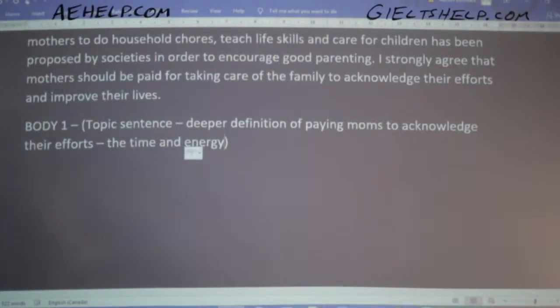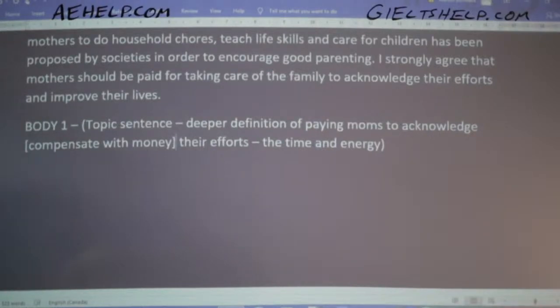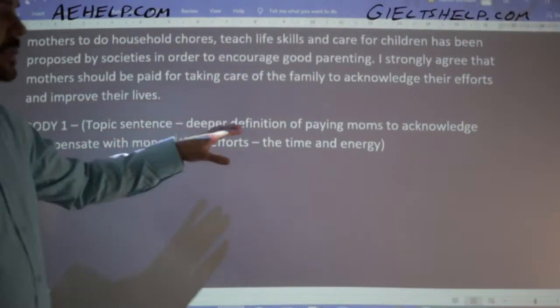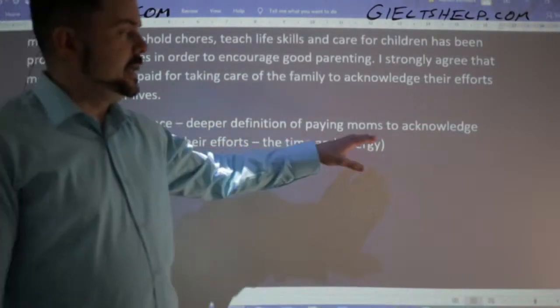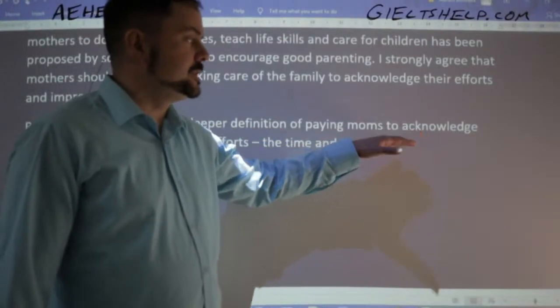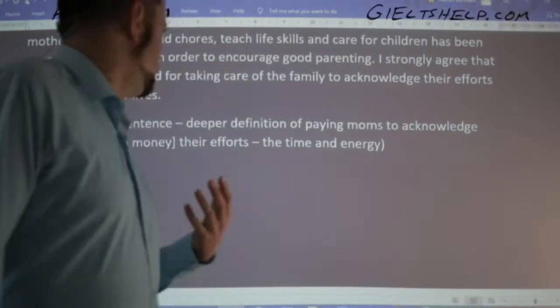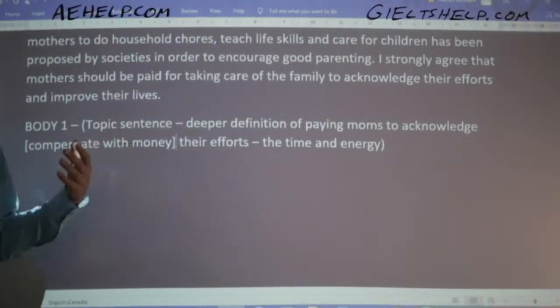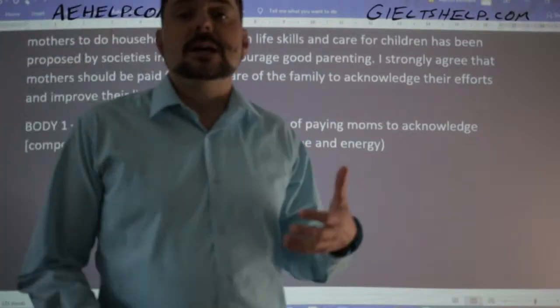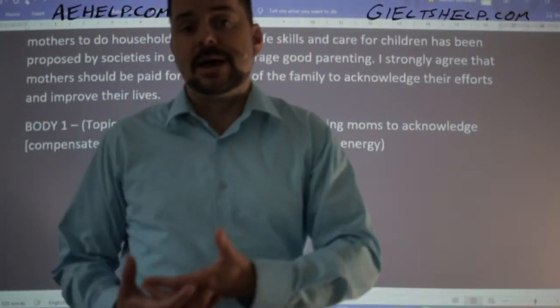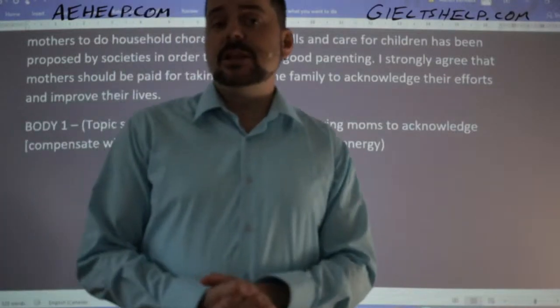So acknowledge here for me would mean to compensate with money. Okay, that's the acknowledgement part of that, all right? So one way that you can look at deeper definitions is by looking at your thesis point and digging deeper, thinking deeper of, well, what does it mean to acknowledge? So giving compensation with money, just like any other job where somebody does some kind of work for the betterment of humanity and they're acknowledged for that, right?